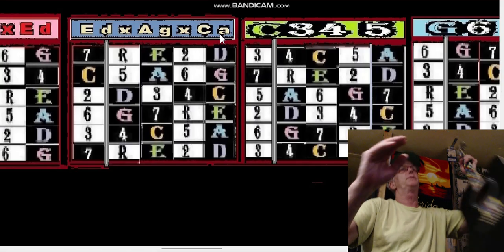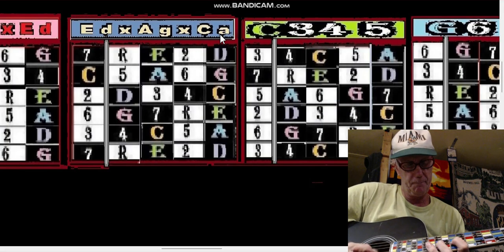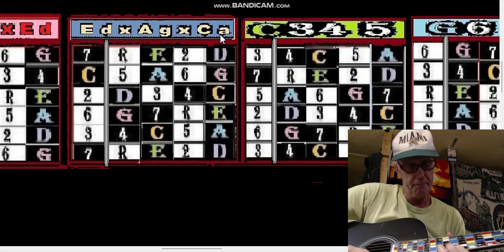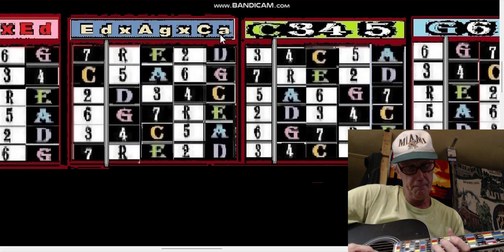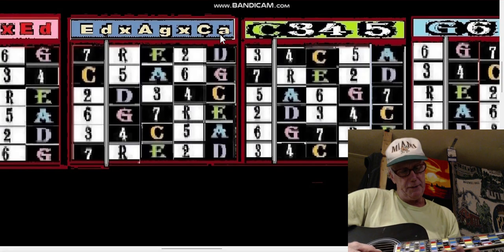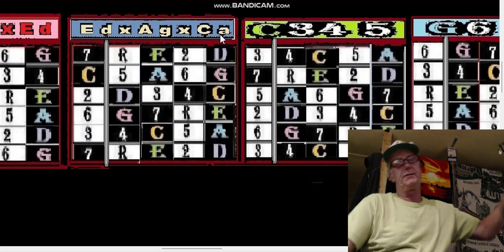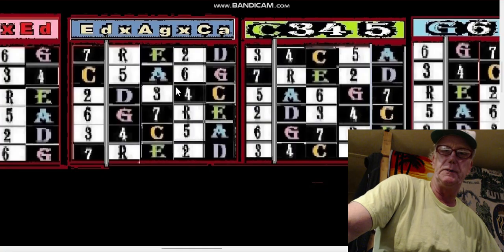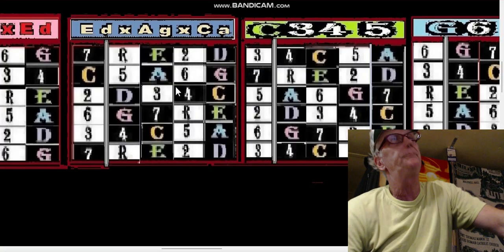So that one starts like this. Alright, I didn't get all the way up there, but that's the half diminished triad arpeggio.